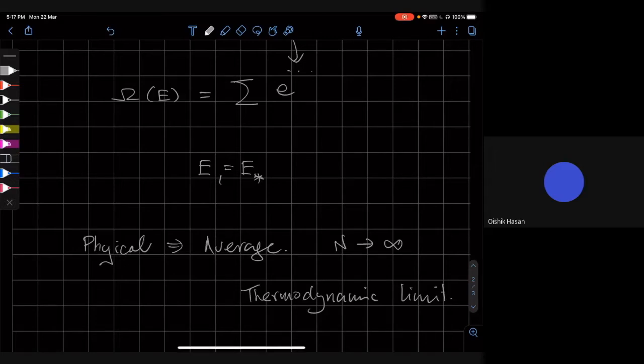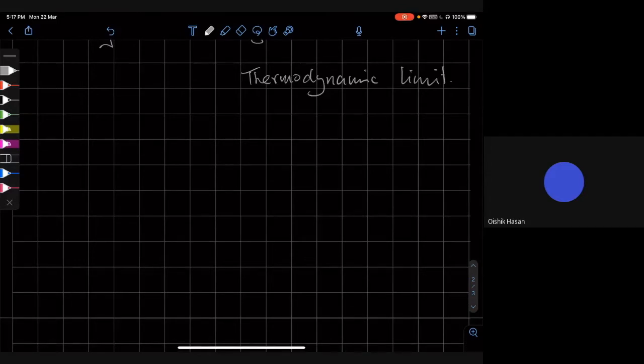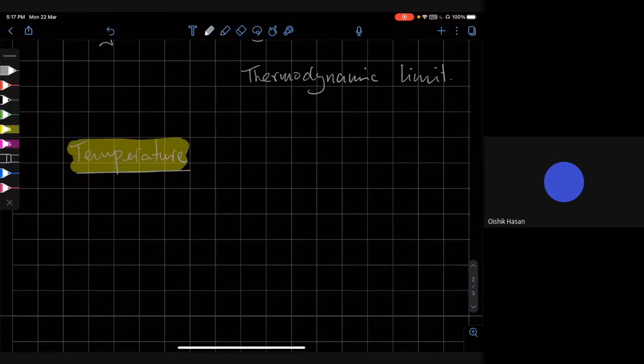The argument I gave you so far was more heuristic, but before we do that, let me introduce the concept of temperature. So microscopically, how do we define temperature?